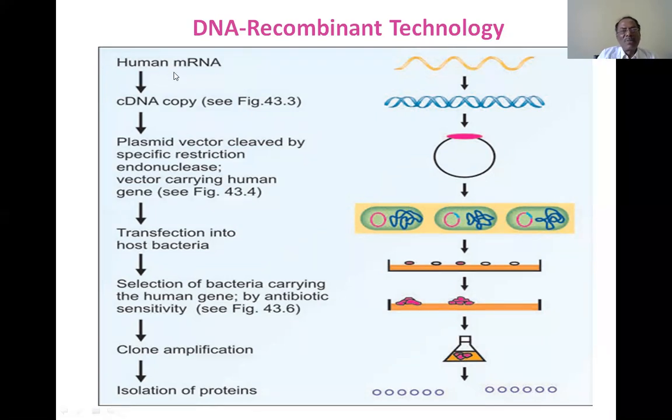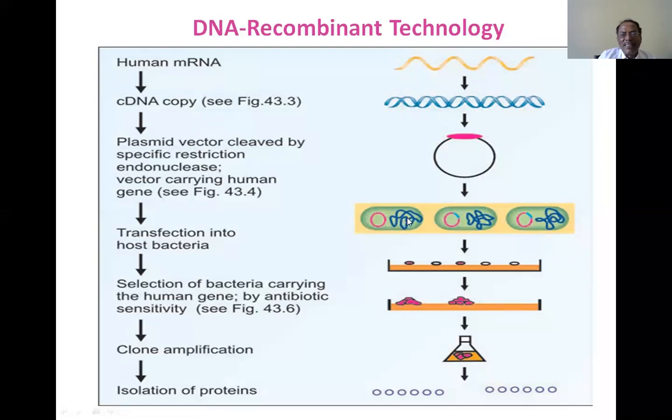So what are the steps here? Human mRNA, or DNA or RNA from other sources, is cut by restriction endonucleases and associated with the plasmids. The plasmid vector is cleaved by specific restriction endonuclease and carries the human gene, and these are transfected into the host bacteria.